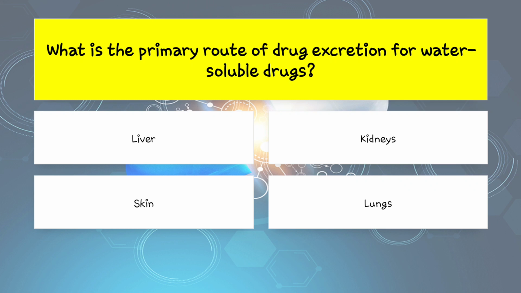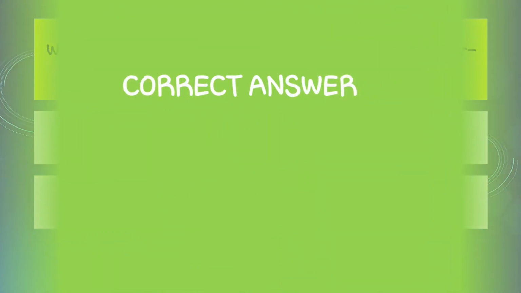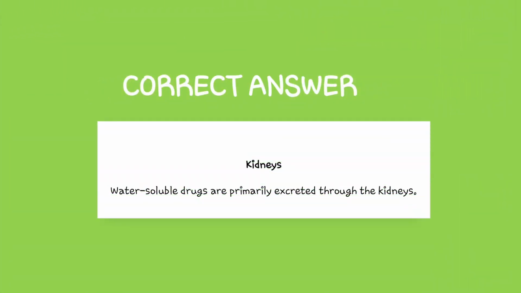Your time starts now. Stop. Time up. The correct answer for this question is kidney. Okay. So water soluble drugs are primarily excreted through the kidney.